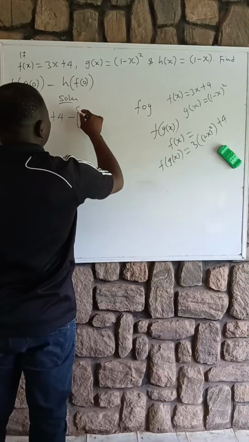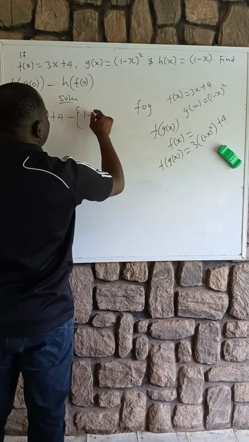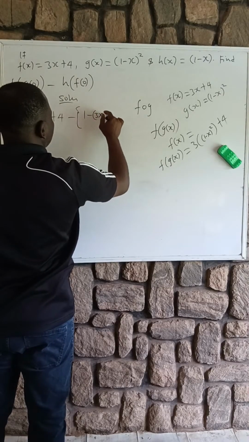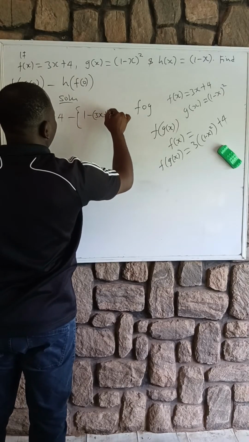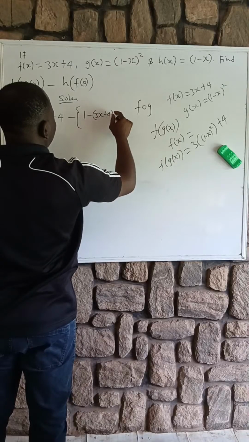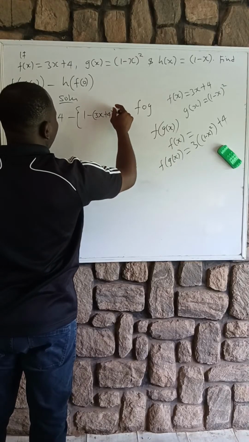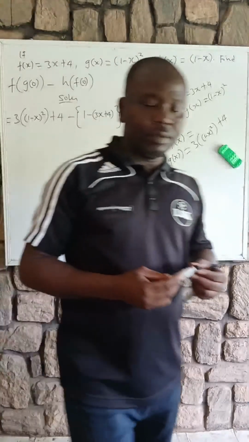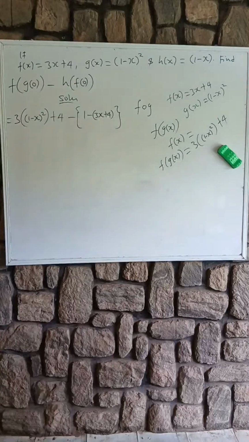It means here we are going to have 1 minus open bracket 3x plus 4, then close the bracket. True or false? Do you agree with me?